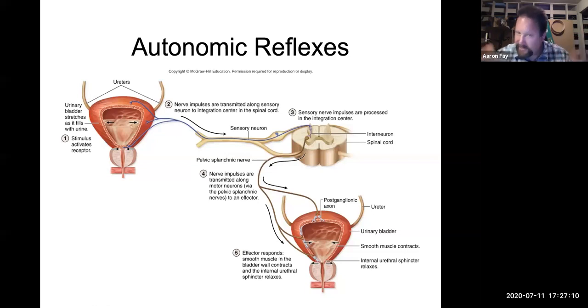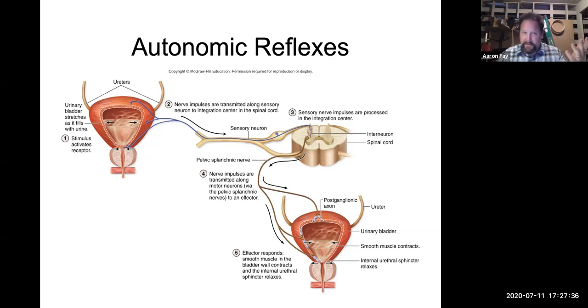Its structure is a little bit different. There, it will synapse with the postganglionic axon, which in this case is a little bit unusual because it is a short postganglionic axon. That axon will then innervate the wall of the bladder, stimulating the smooth muscle, causing contraction of the bladder.